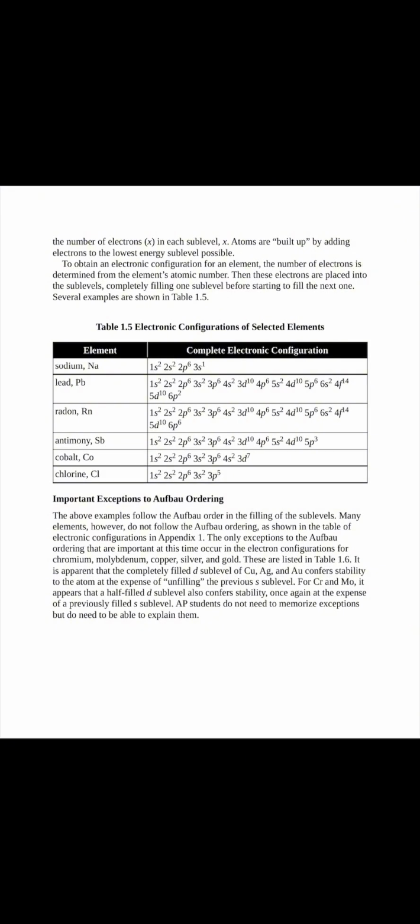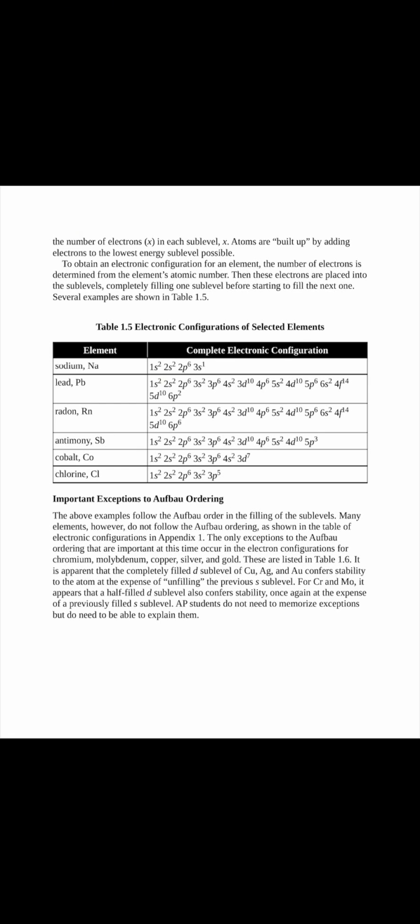For antimony, which has the chemical symbol Sb, the complete electronic configuration is 1s2, 2s2, 2p6, 3s2, 3p6, 4s2, 3d10, 4p6, 5s2, 4d10, 5p3. For cobalt, which has the chemical symbol Co, the complete electronic configuration is 1s2, 2s2, 2p6, 3s2, 3p6, 4s2, 3d7. For chlorine, which has the chemical symbol Cl, the complete electronic configuration is 1s2, 2s2, 2p6, 3s2, 3p5.